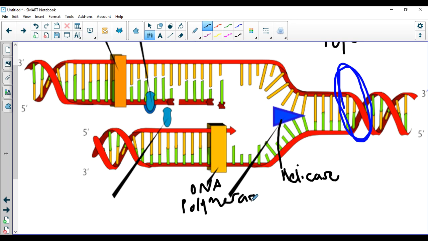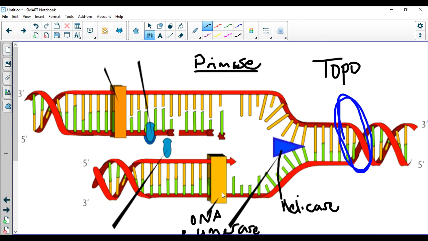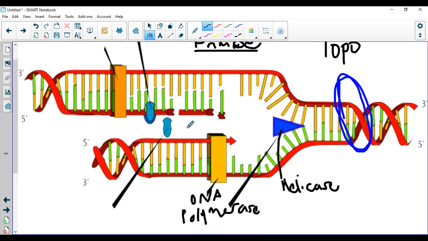Okay. This, of course, is the most important enzyme to DNA replication, for the simple fact that it builds the new strands. So it actually attaches those nucleotides in. What you'll notice is that DNA polymerase can only move in one direction. Because of this, we get two distinct strands being formed.